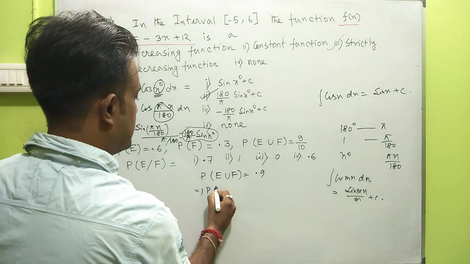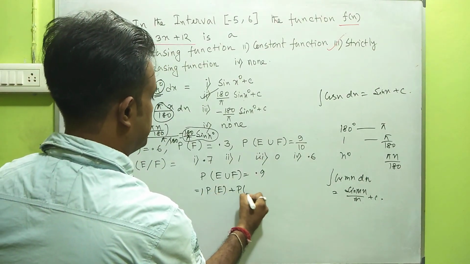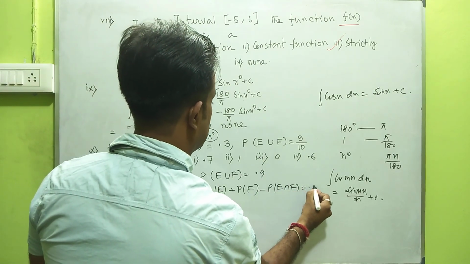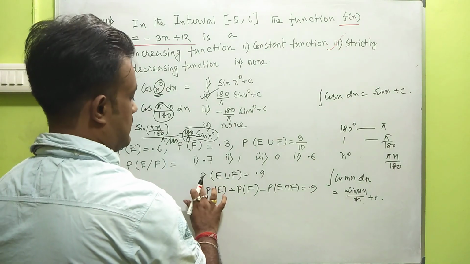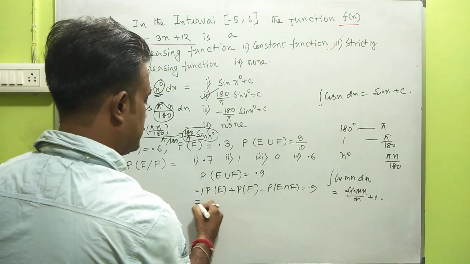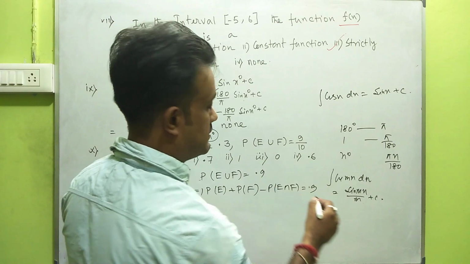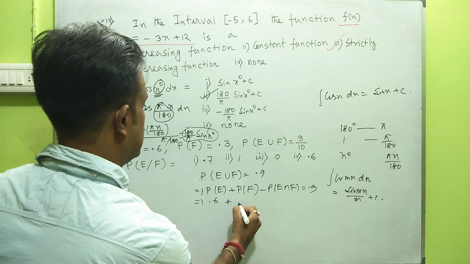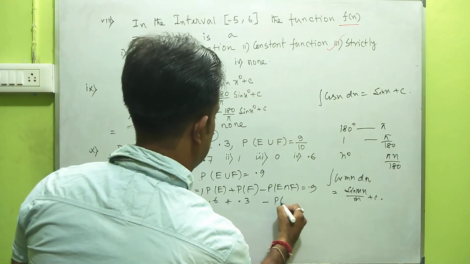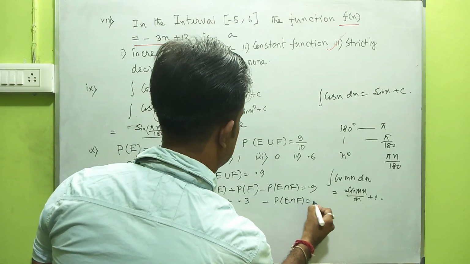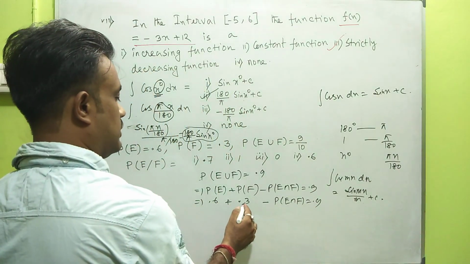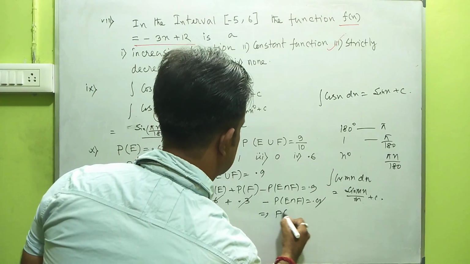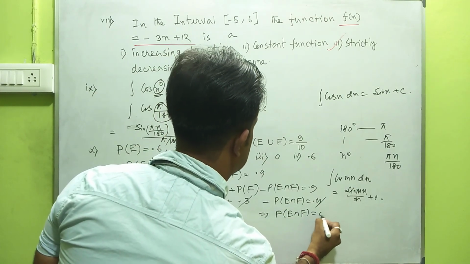From the definition of P of A union B, we know that P of A plus P of B minus P of A intersection B. Substituting the values, 0.6 plus 0.3 minus P of E intersection F is equal to 0.9. 0.6 plus 0.3 gives 0.9, so P of E intersection F is equal to 0.